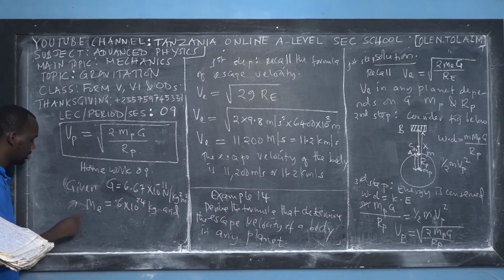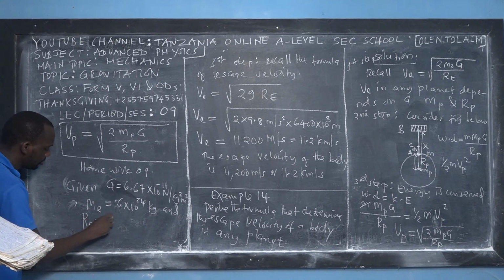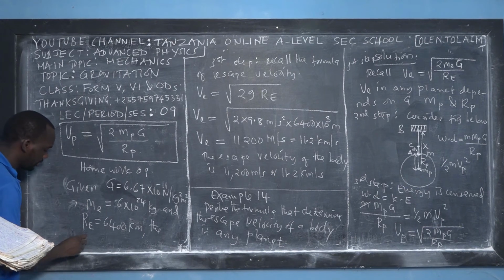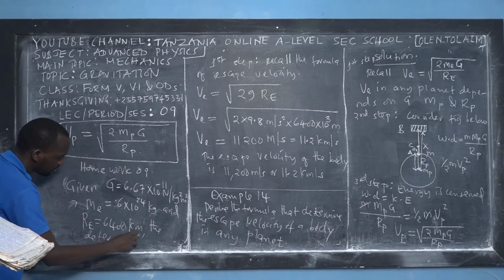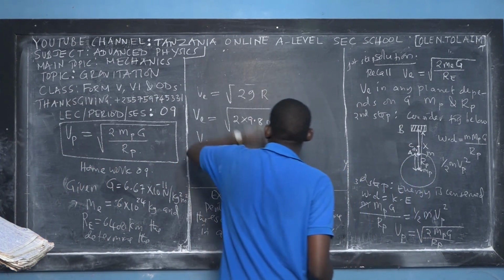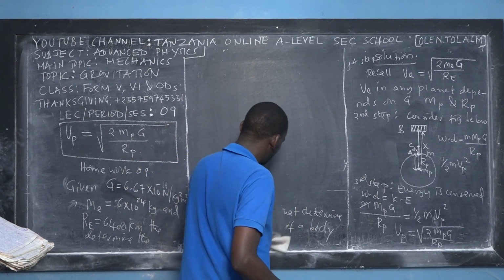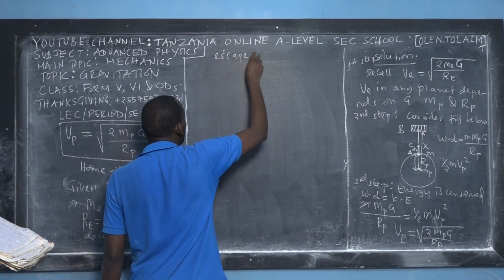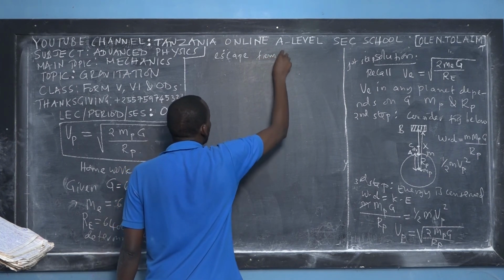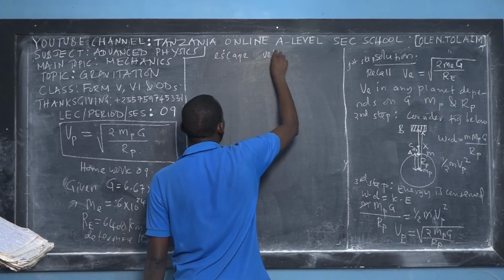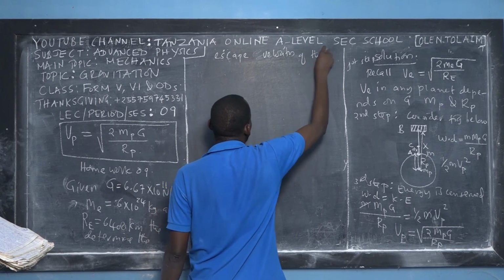And also you are given the radius of the Earth equal to 6,400 kilometers. Then determine the escape velocity of the body from the Earth's surface. So that's the question.